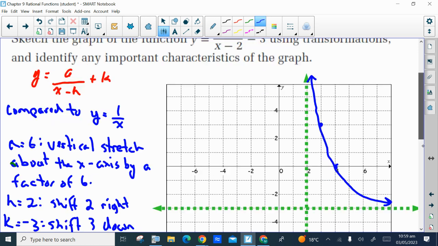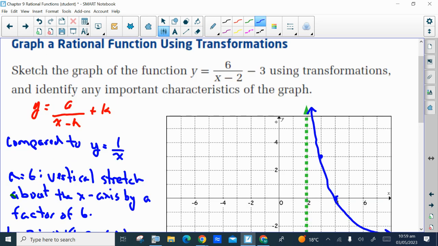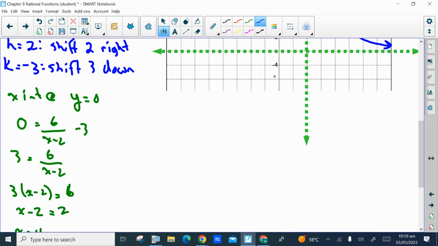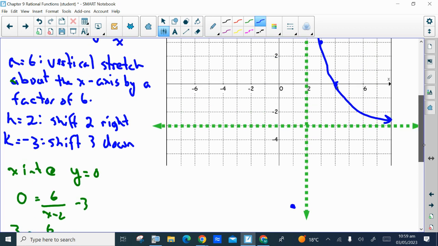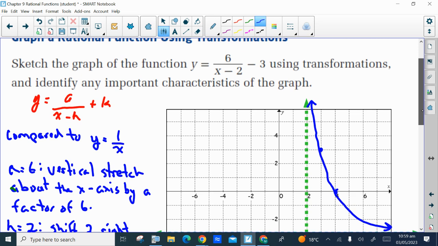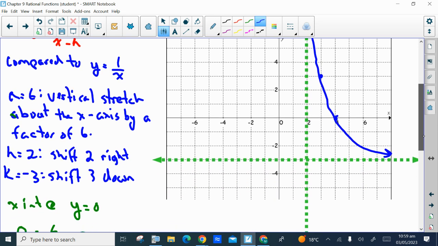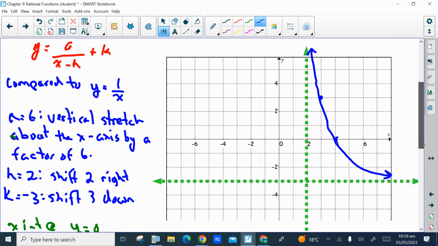So we have to kind of estimate where that is on our graph. Negative 4, negative 5, negative 6, 7, 8, 9, somewhere right there. We could find the y-intercept, because this graph does have a y-intercept, by letting x equal 0.